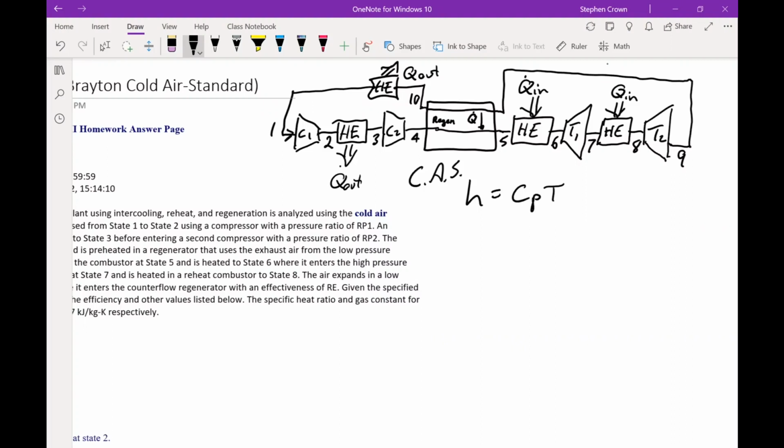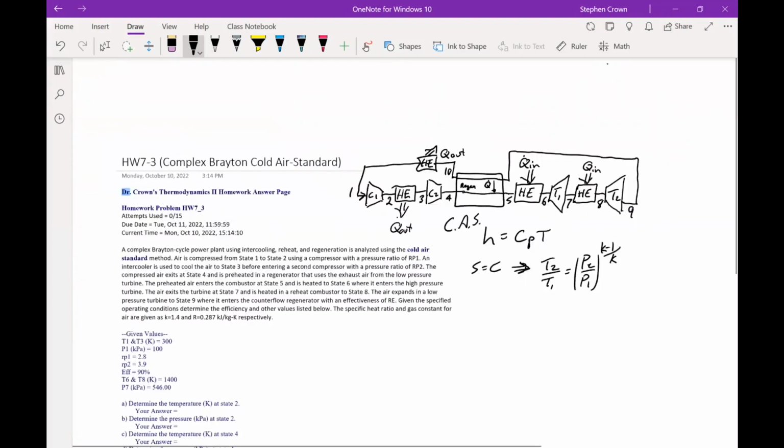And when we have pressure rise or pressure drop in a component and it's isentropic, so if s equals a constant, then we're going to use the relationship between temperature and pressure with this expression: T2 over T1 equals P2 over P1 to the (k minus 1) over k. That is true for constant entropy, constant specific heats, and an ideal gas. So with those assumptions, we can use that. And then we'll make note that it shows up in different components.